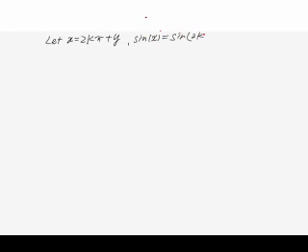So some students ask me, when we let x equal 2k pi plus y, why is sine of x equal to sine of 2k pi plus y, and then equal to sine y? Because we know the sine function has period 2 pi.